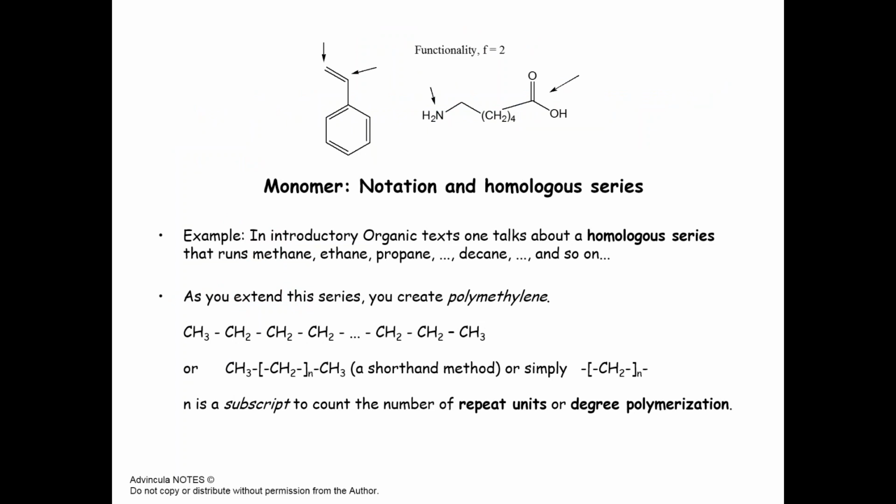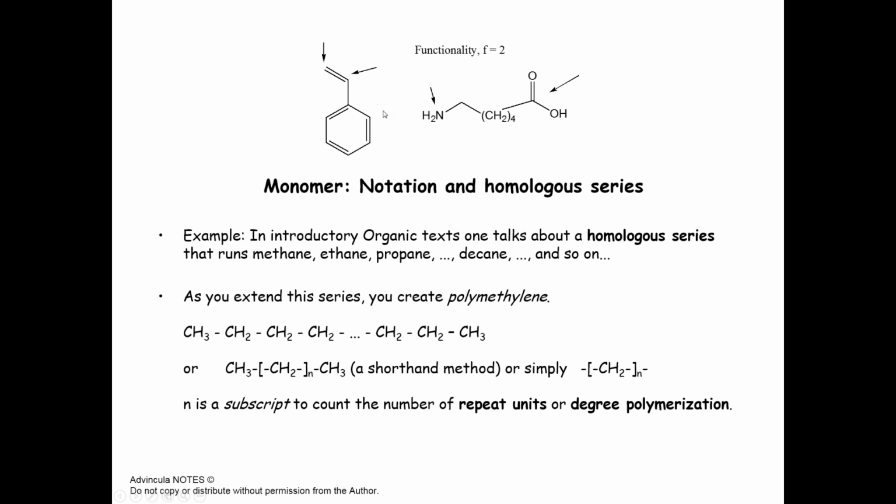So what is this functionality? A common monomer is called styrene. When you polymerize this monomer, you get polystyrene. And the functionality of 2 means these two carbons, which are pi orbitals with sp2 hybridization, are capable of reacting with a radical, an anion, or cation to produce polystyrene.